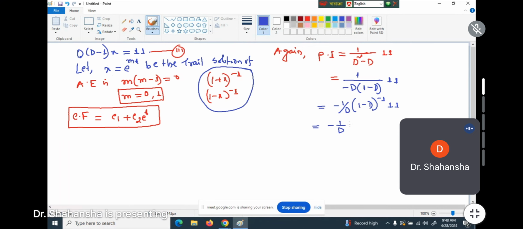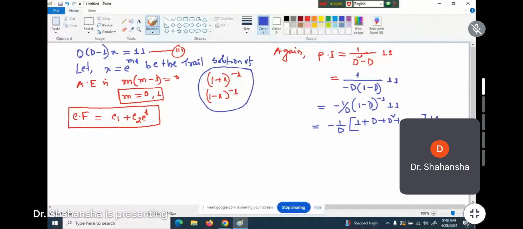Expanding by the binomial formula, that means 1 by D into 1 plus D plus D square up to infinity, acting on 11. Any question up to this line, my dear friends?